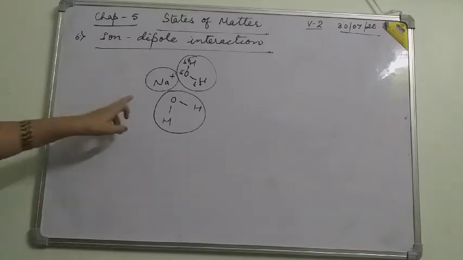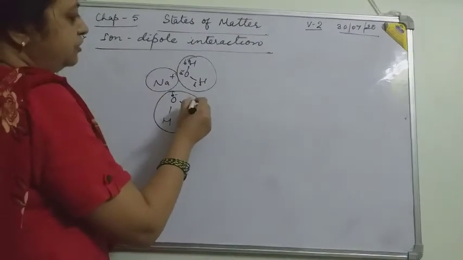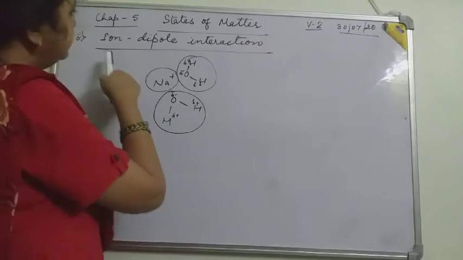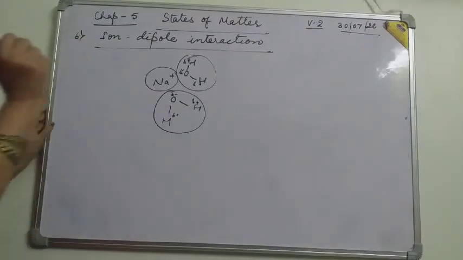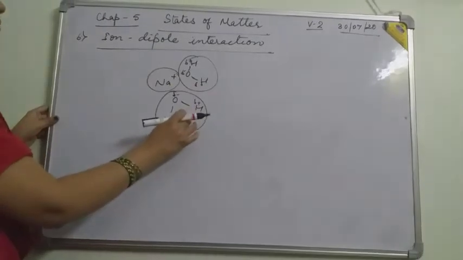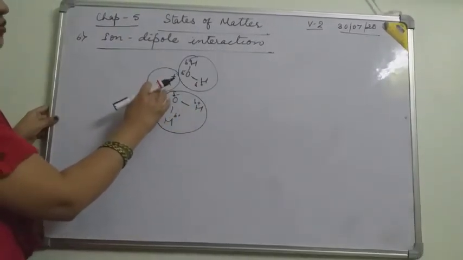So like dissolves like. There is a theory of solubility that like dissolves like. It means there is a dipole present in the water molecule, so it interacts with the sodium plus.